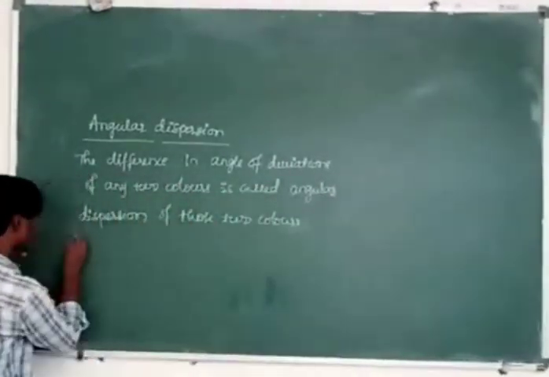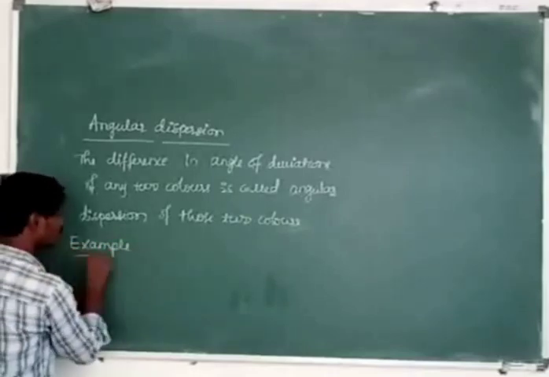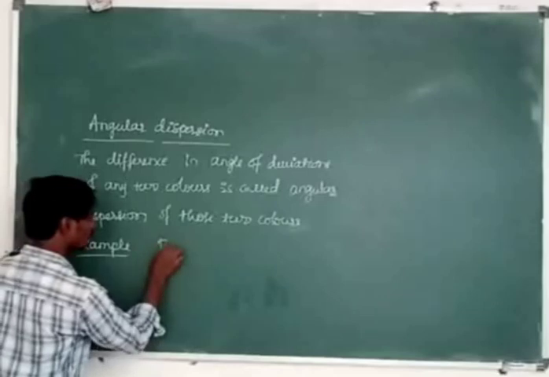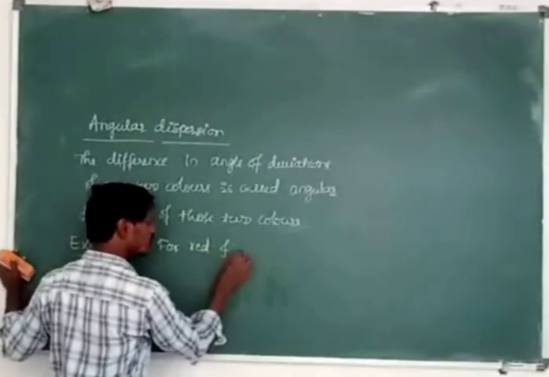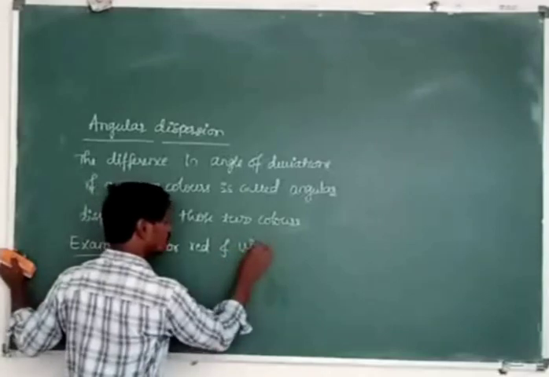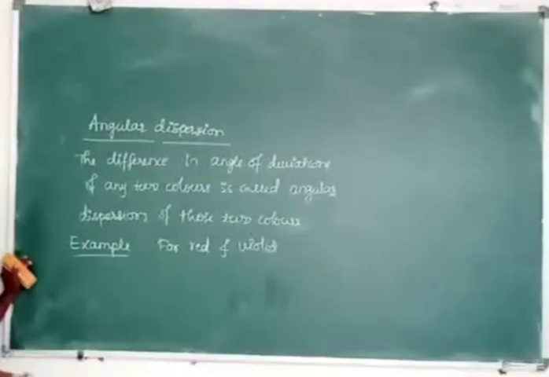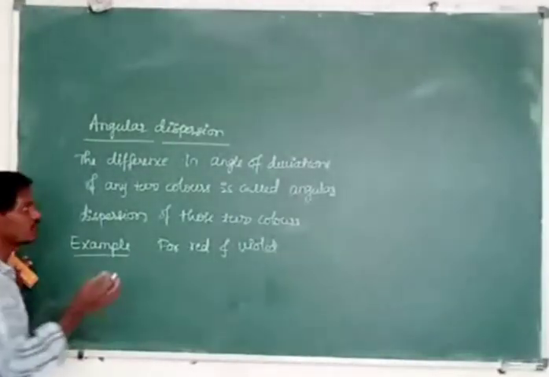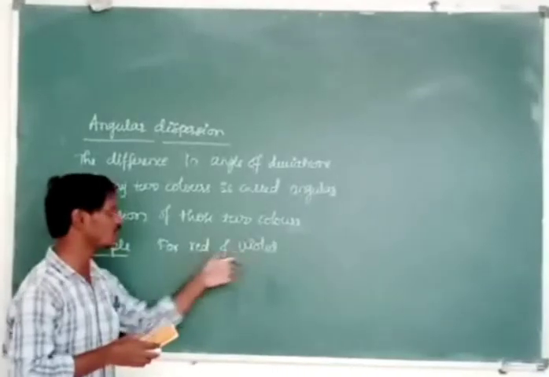Example: for red and violet. Because red is least deviated and violet is most deviated, what is the angular dispersion between them? We find the angular dispersion between them by taking the difference between the angles of deviations of red and violet.